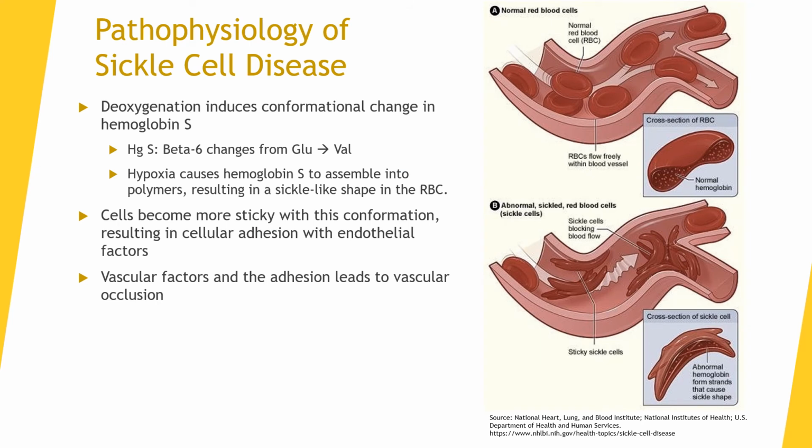Let's go over the more specific pathophysiology of sickle cell disease. The oxygenation induces conformational change in the hemoglobin S, which stands for sickle. Hemoglobin S has the beta-6 location changes from glutamate to valine, which is a significant change considering that glutamate assumes a negative charge and valine is neutral electrically.